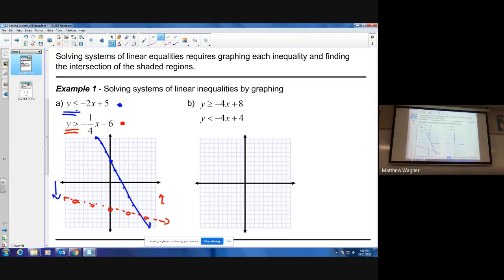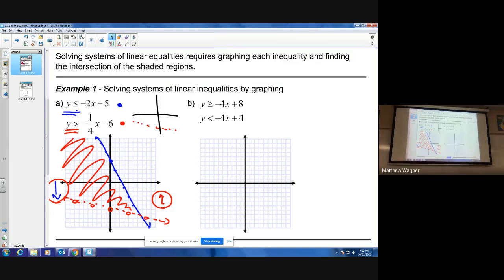So what I'm looking for is above the red line and below the blue line, which is going to be that region there. Again, I'll do a quick little mock graph, if you will.